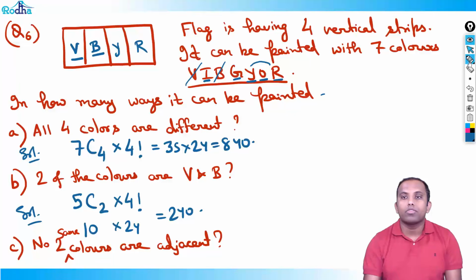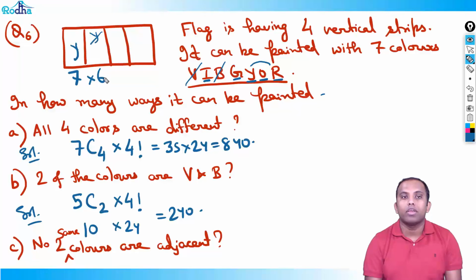That means, you see here, that in the first place I can have all these 7 colors. The first stripe can be painted in all the 7 ways. The second stripe can be painted in 6 colors, because suppose I've used yellow here, so I can't use yellow now.